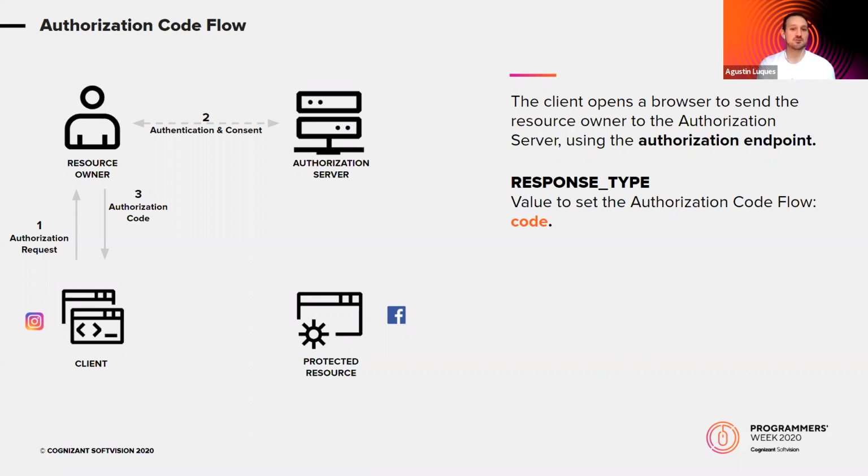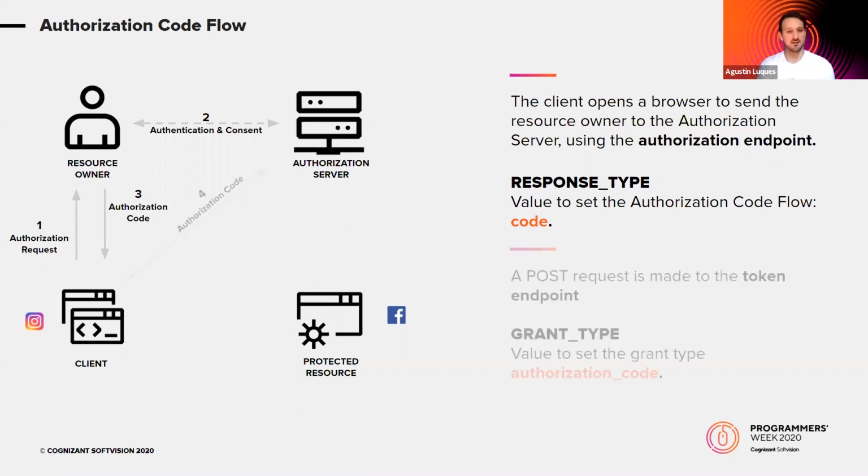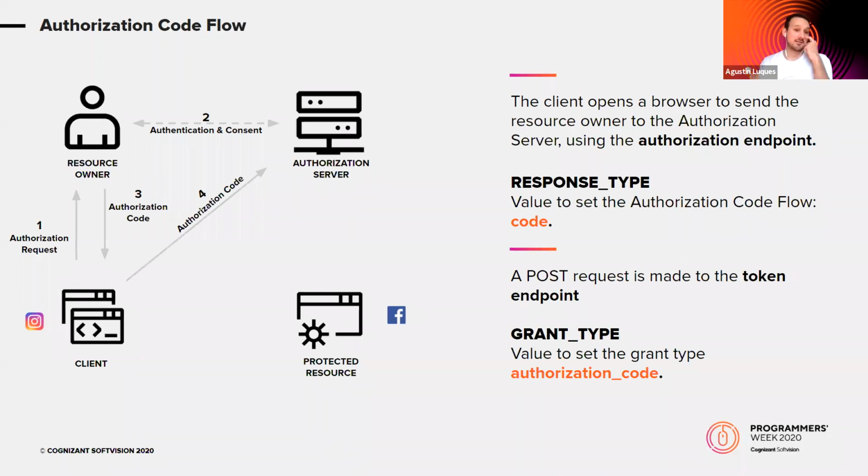Now the client needs to instantly send the authorization code to the server. We will see later why it has to be instantly. And as it is a POST request, it will include its credentials along with the grant type authorization code.